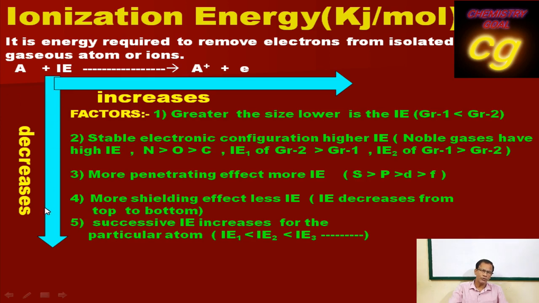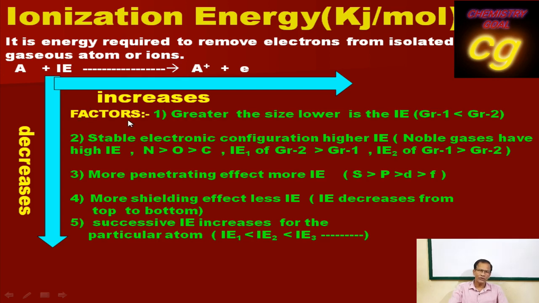That's why from top to bottom the ionization energy decreases. Similarly, from left to right, as the size decreases, ionization energy increases because attraction increases.